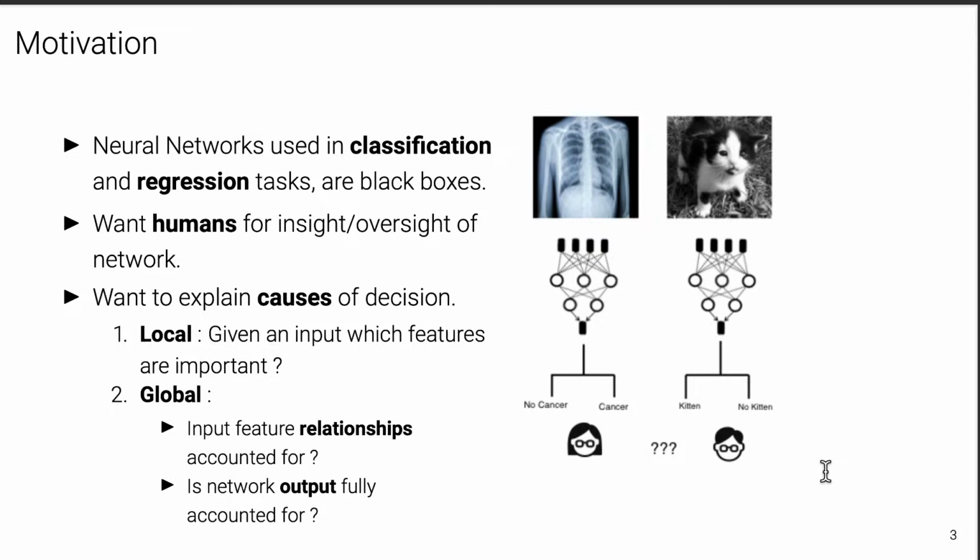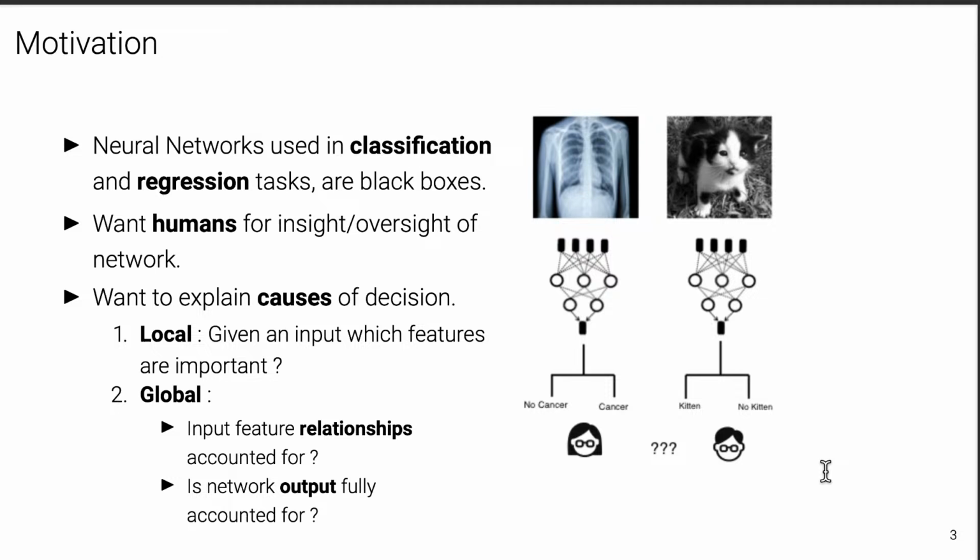Okay, let's start with the motivation. We want to make our models interpretable. Classically, neural networks which are used for classification and regression tasks are mostly black boxes.